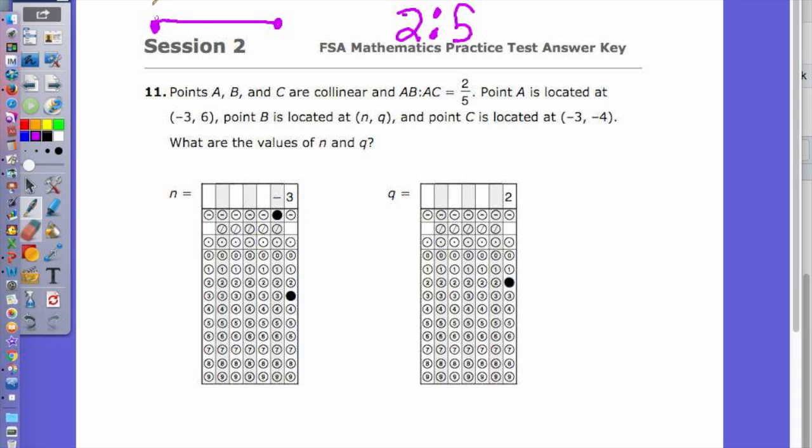If you draw A, B, C, they're saying A to B is 2, and A to C is 5. That's why it's 2 over 5. If they said AB to BC, that would mean AB would be 2 and BC would be 5, so the total would be 7, but they don't. I want to make sure you understand that part first.